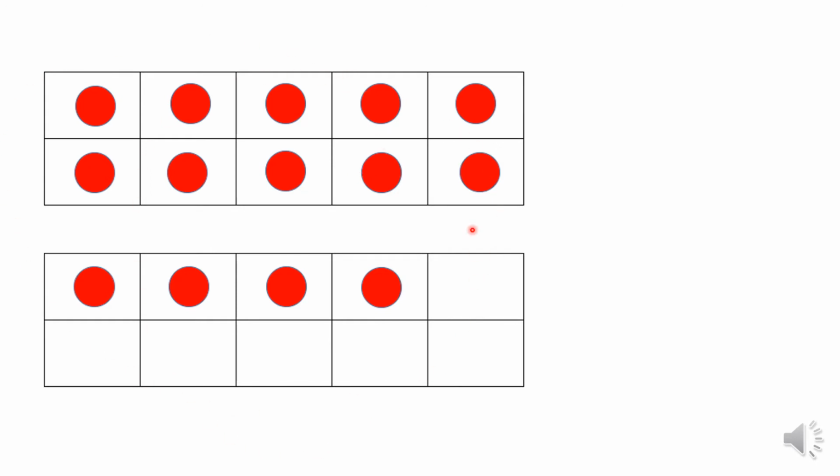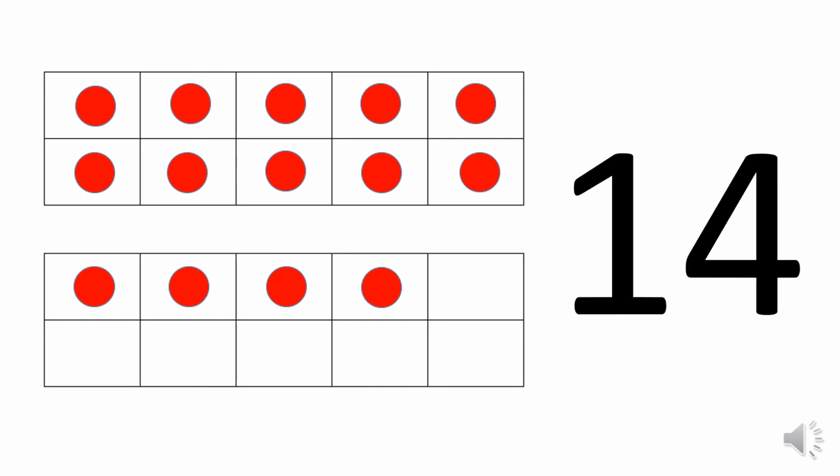What number is it representing? Well done, it's representing number 14 because at the top, like I said, we already know we've got 10 because it's already been filled up. So then we just need to count on 11, 12, 13, 14.